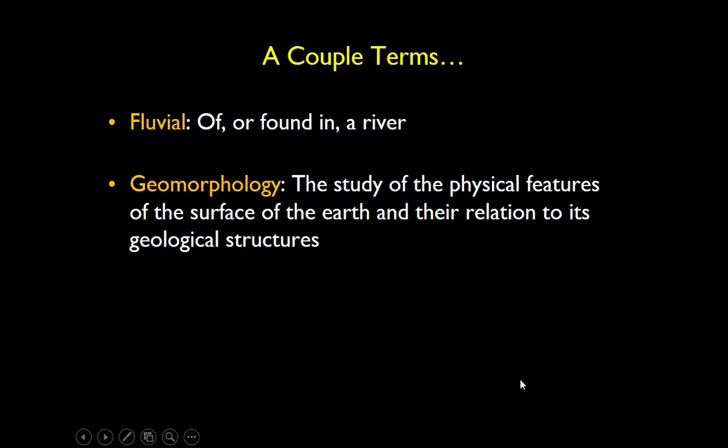Yeah, rocks. So I was hoping we had a real formal definition that the earth scientists use. We probably do. So geology is the study of rocks and minerals that make up the earth, right?